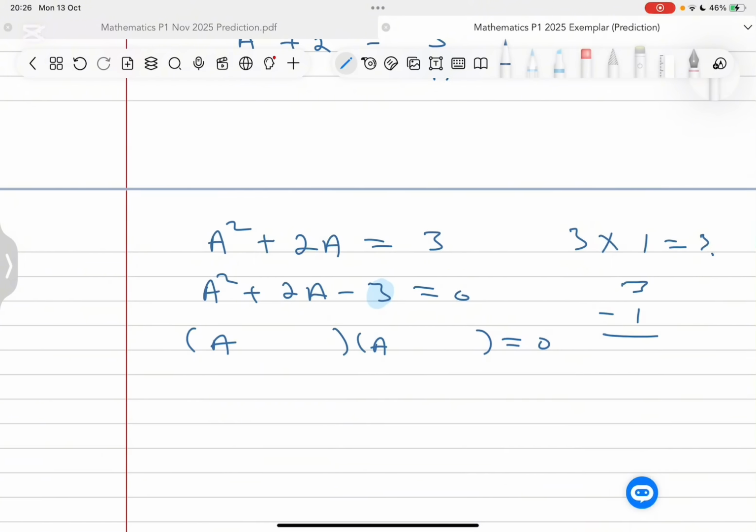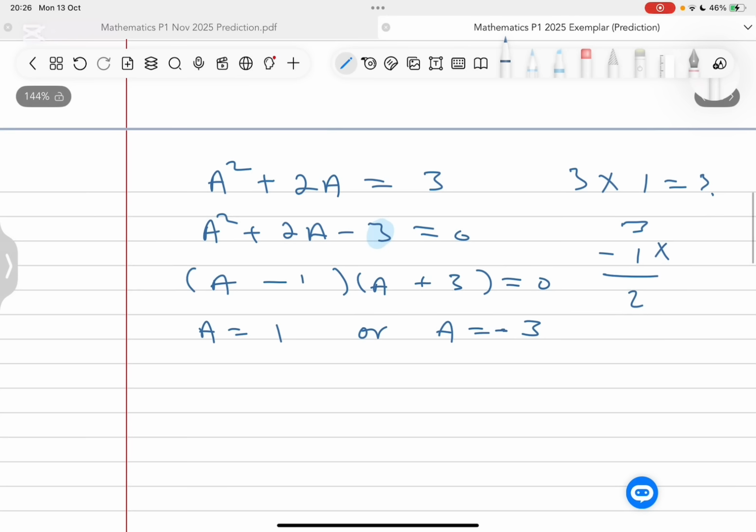Because if you say 3 minus 1, you actually get a positive 2. And this works really well because if I multiply these two numbers, I will then get the negative 3 there. So this means my factors here will really be a negative 1 and a positive 3. a equals 1 or a equals negative 3.